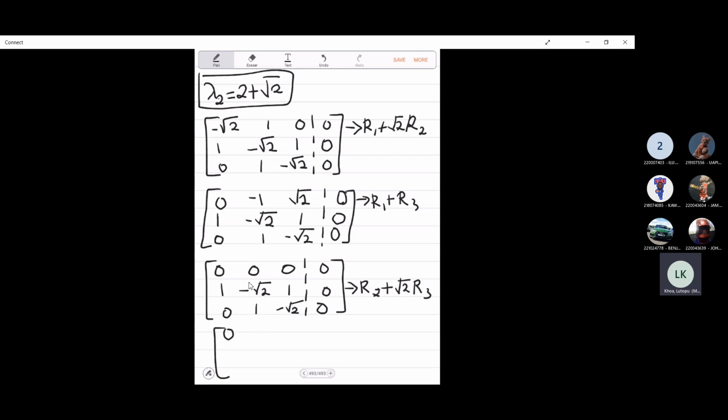This is 0, 0, 0, 0, and then 1 plus 0, minus square root of 2 plus square root of 2, then 1 minus 2, and then this is 0. Then this one has not changed, so this is 0, 1, and then minus the square root of 2, and that is 0.